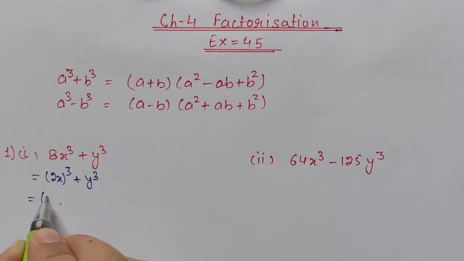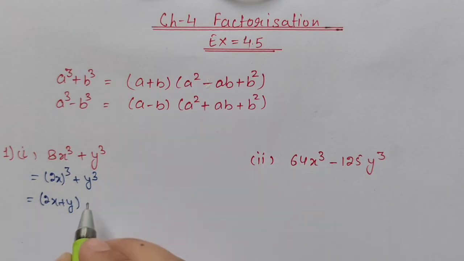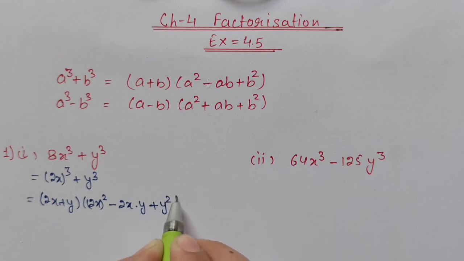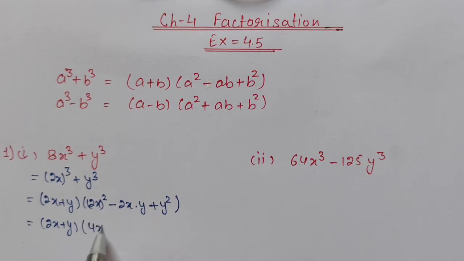So a plus b means 2x plus y. Right side, another bracket: a square means (2x) whole square, minus ab, 2x into y, plus b square means y square. So the answer will be (2x plus y) into (4x square minus 2xy plus y square).